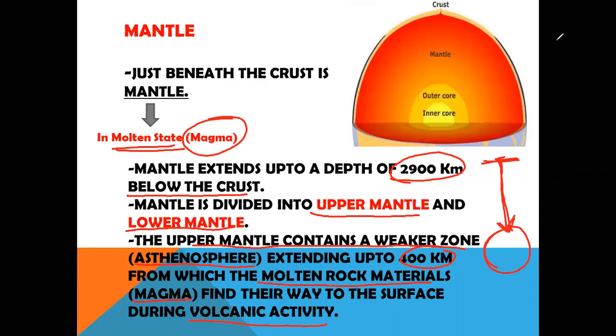I'll repeat again. Mantle is the layer that is present just beneath the crust and it is present in molten state and consists of magma. It extends up to a depth of 2,900 kilometers below the crust and it is further divided into upper mantle and lower mantle.